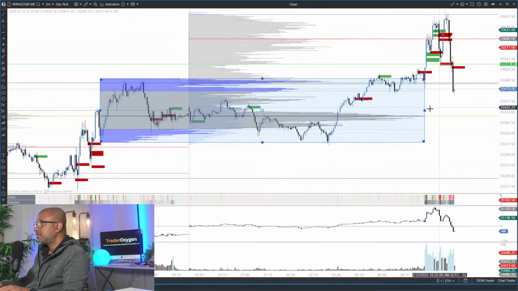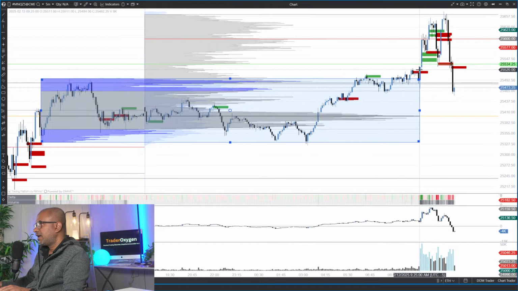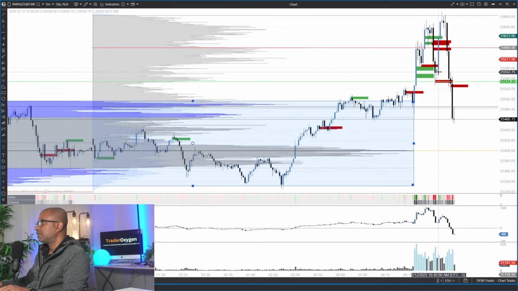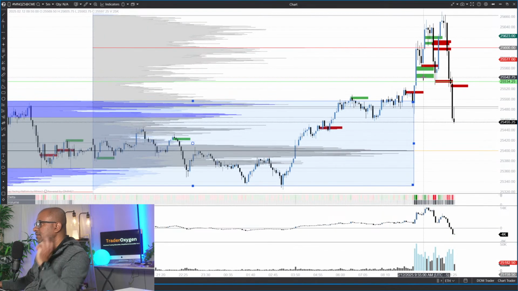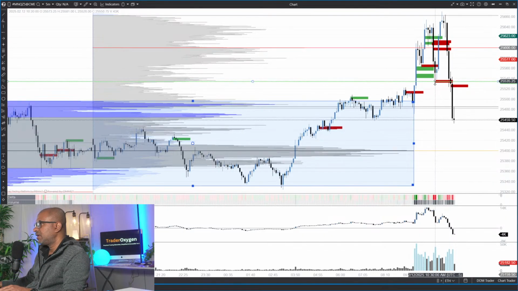Then if you look at the same price action in the Nasdaq at 9:30, it broke out away from the value area, but at 10:30 it did not come into the value area. Over here you can see it's basically a retracement, right? The price came back, retraced into over here.